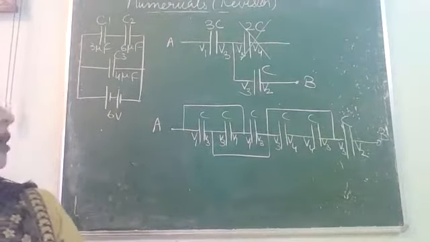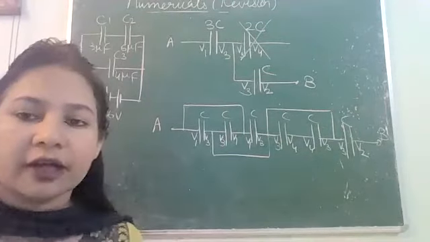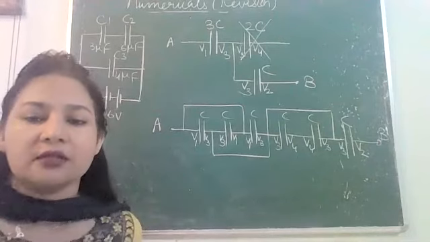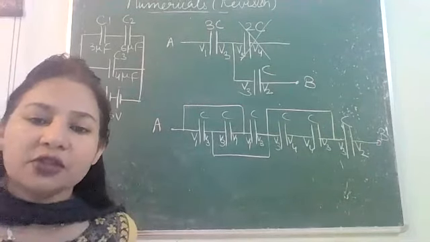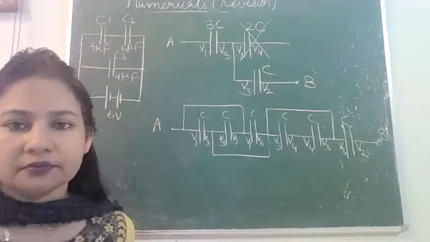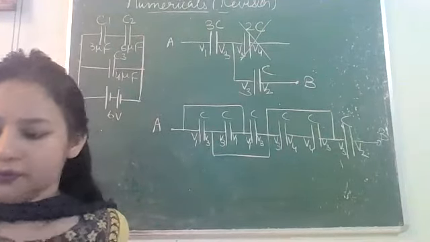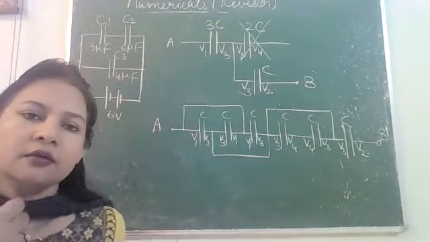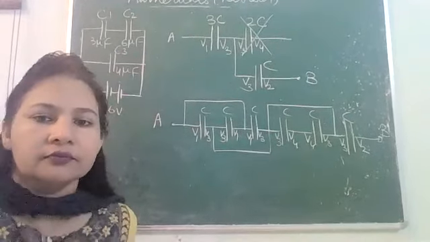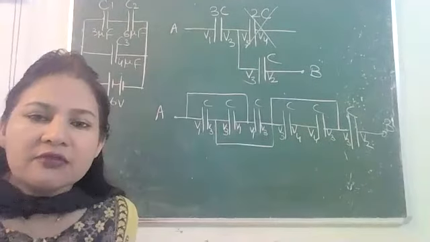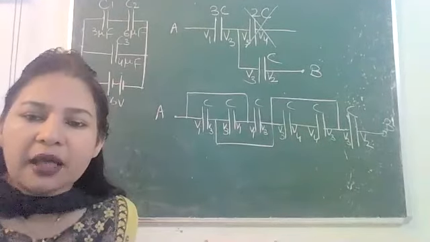Yes, ma'am. 6 has come, 6 microfarad. Then use half CV square. Tell me how much energy is stored in the capacitors. So use half CV square and tell me the formula. Is the answer 1.08 into 10⁻⁴ joule?